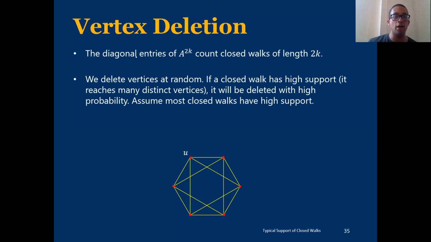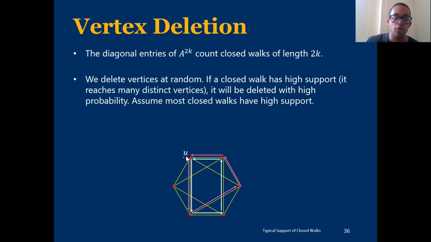If a closed walk has high support, so namely it reaches a bunch of different vertices, then that closed walk will be deleted with high probability once we delete these vertices at random. So what happens then if we assume that most closed walks have high support? To be super clear about what I'm talking about, let's look at this graph at the bottom. So here I have some graph on 6 vertices.